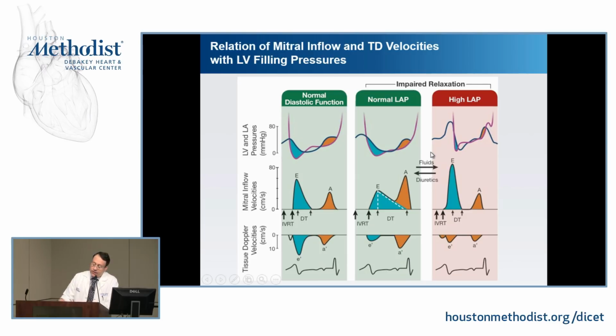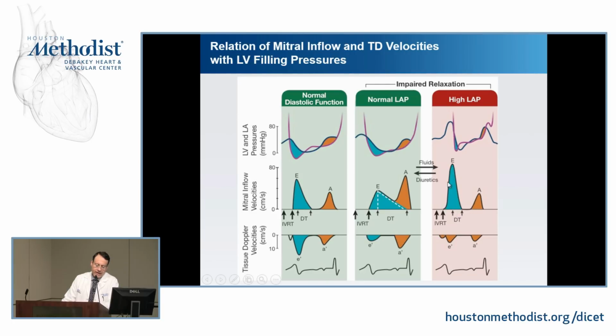So say this individual needs a higher cardiac output, or ends up in a situation where they get more decompensated, perhaps because of fluids, and now the atrial pressure rises. The result is a predominant filling in early diastole and a pattern that looks very similar to this one. The major difference, of course, is the higher pressure here, which is the driver for why the pattern looks like this.